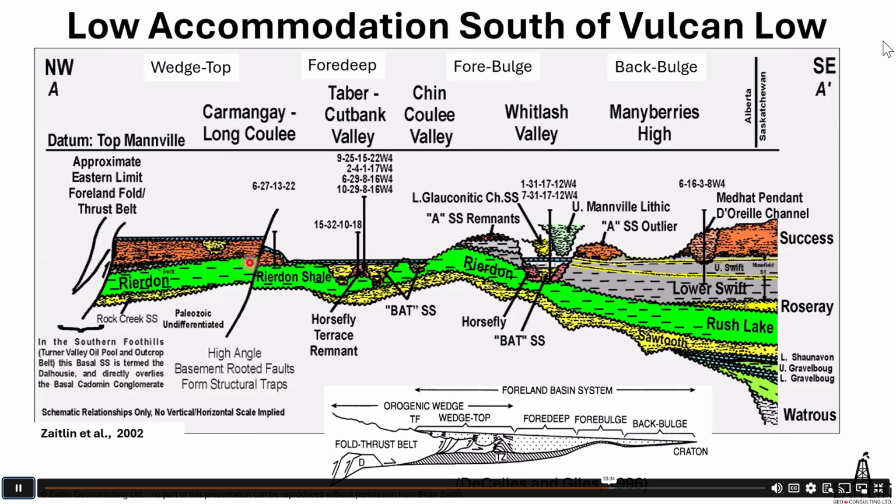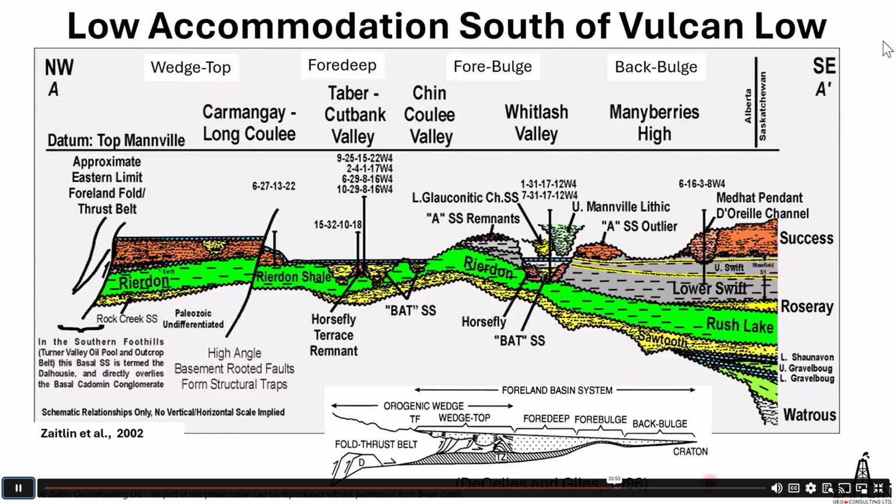We have the Sheet Lake Carmangay, which is sitting out here on the west side of the unit on the high. And the Carmangay, therefore, is interpreted as being part of the wedge top deposits as we're going along through here.